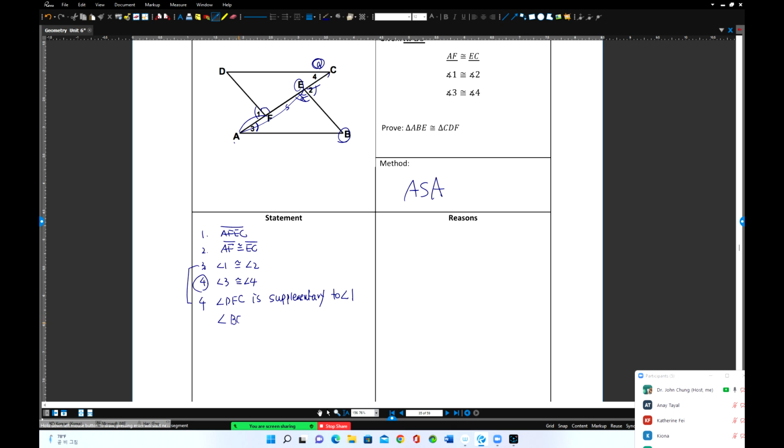Angle BEF is supplementary to angle 2. 1, 2, 3, 4, they are all given. That's number 5. Number 5 is what? Angles that form a linear pair, right? Don't forget this one, okay? Angles that form a linear pair are supplementary, okay?